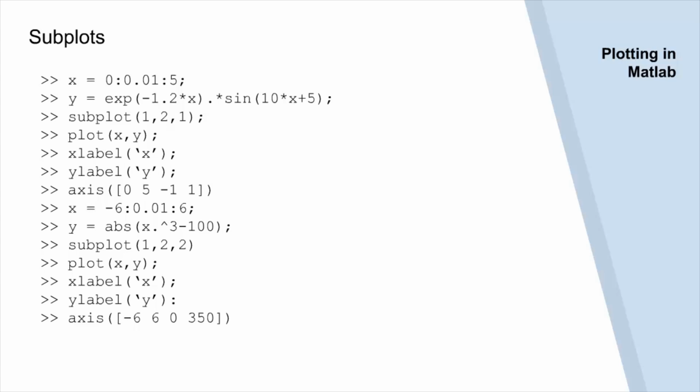Subplots. Subplot is a command that allows us to obtain several smaller subplots in the same figure window. The syntax for it is m, n, p. This command divides the figure window into an array of rectangular panes with m rows and n columns.